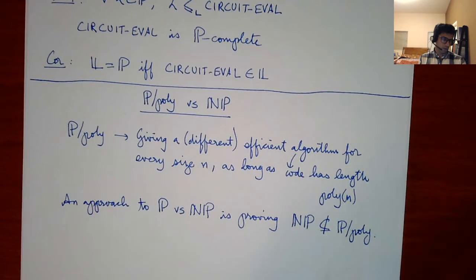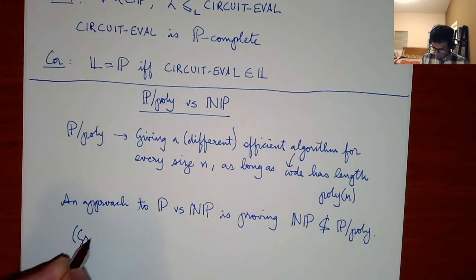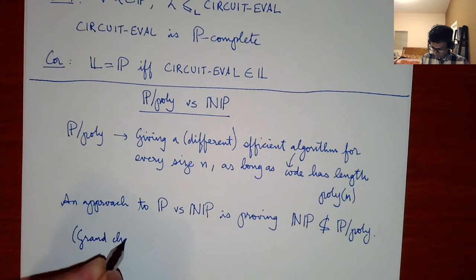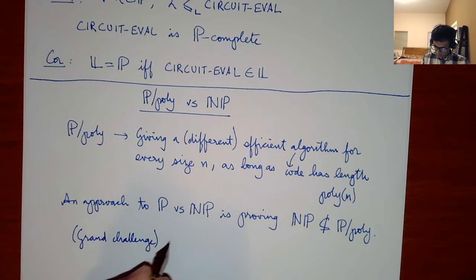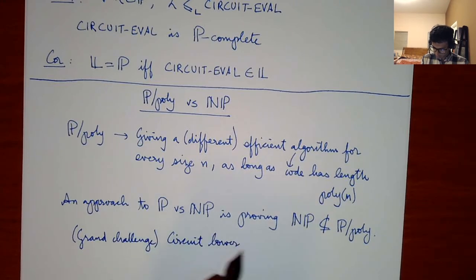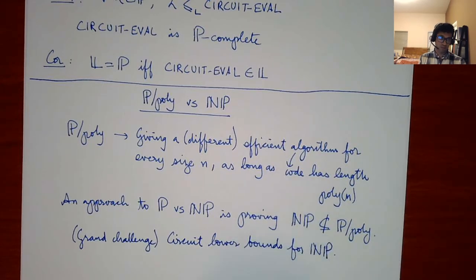If NP is not in P/poly, then clearly NP is not in P, because P is contained in P/poly. And so a grand challenge is to prove what's called circuit lower bounds for NP, to prove that there don't exist small circuits that compute SAT.